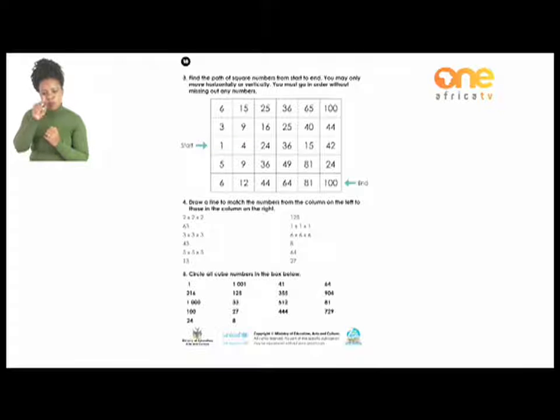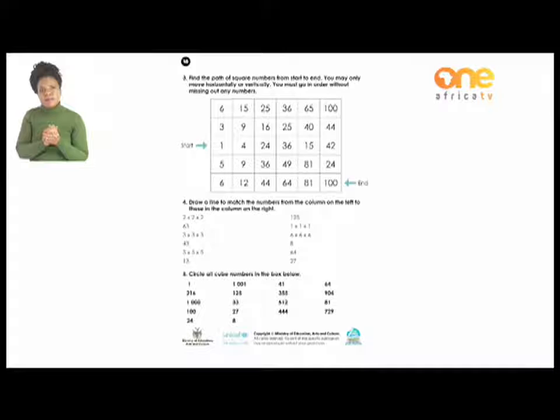You may only move horizontally or vertically. You must go in order without missing out any number. Take note of the instruction which says you can only move horizontally or vertically, and the starting point is indicated with an arrow, and the ending point is also indicated with an arrow.